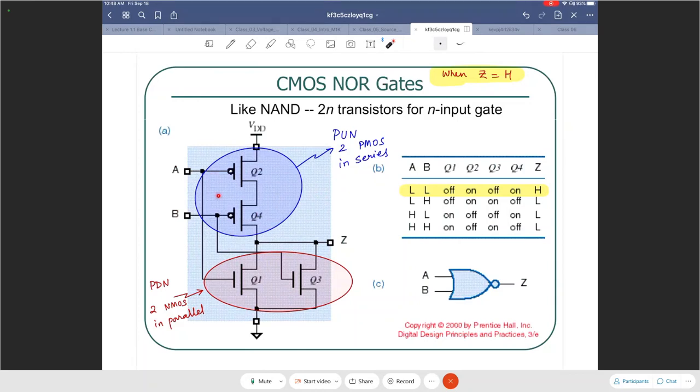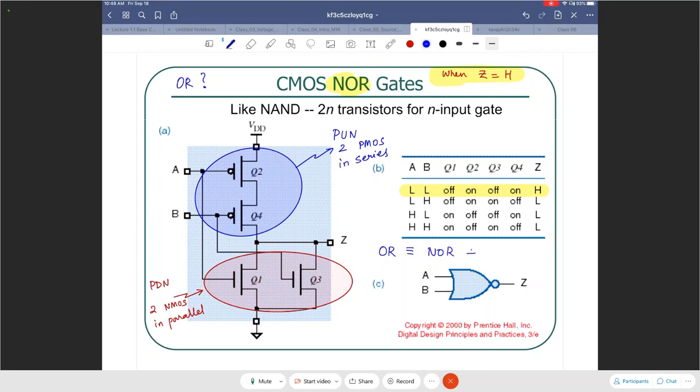All right, next, let's see. Now, the next question obviously is, you got NOR, how do I get OR? And we are going to do exactly the same thing that we did earlier. We are going to say OR is equivalent to NOR followed by NOT.